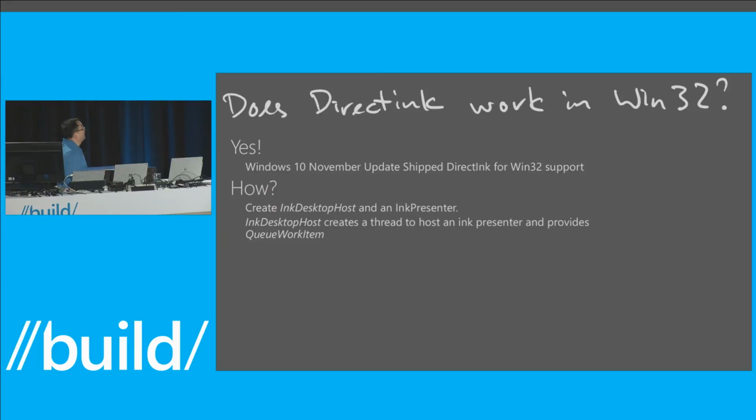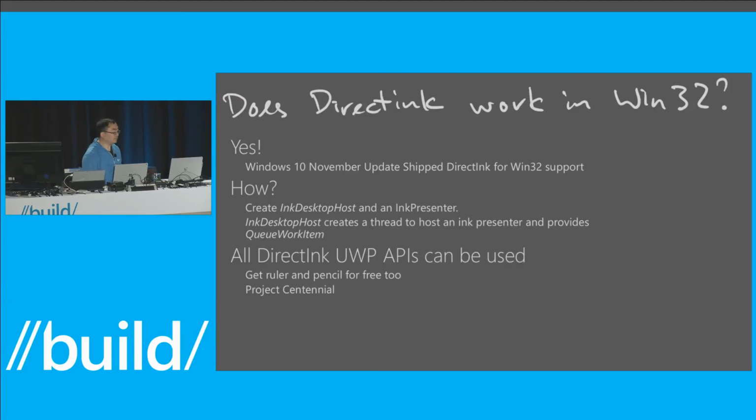So how do you do it? You will need to create an Ink desktop host, which will help you create an instance of Ink Presenter. And also, the Ink desktop host creates a thread to host Ink Presenter and provides a queue work item for your UI thread. Whenever you want to talk to Ink Presenter, you use API to call it. That's the only difference.